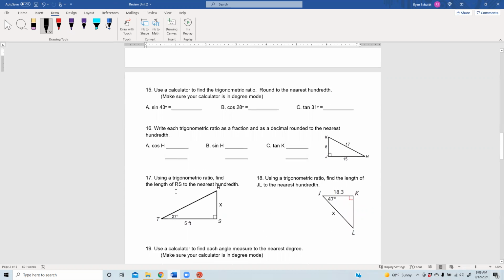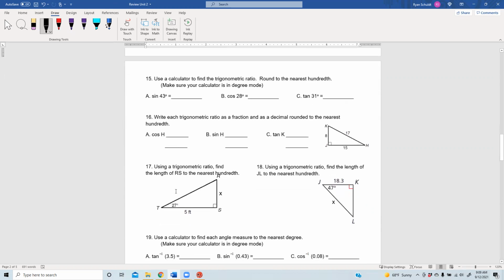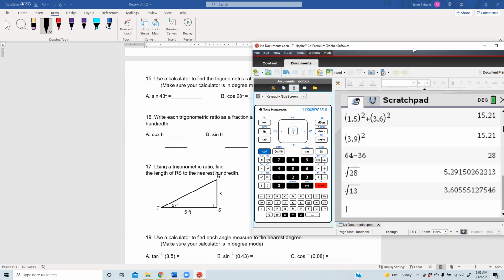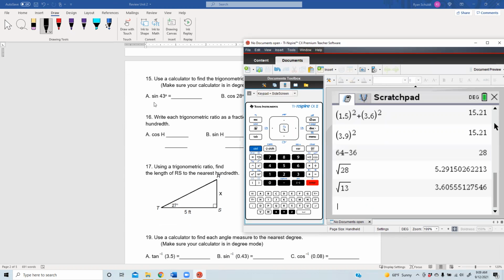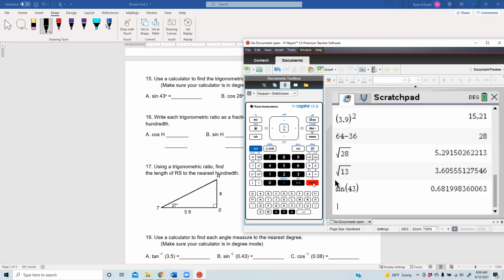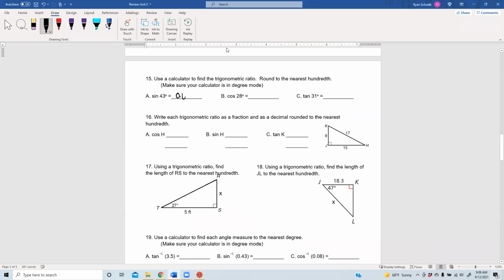Okay, so 15. Now we want to get practice just punching it in the calculator. So sine of 43. To the nearest hundredth, or 2 decimal places, it's going to be 0.68. Remember, I forgot to mention this, but make sure your calculator is in degree mode.